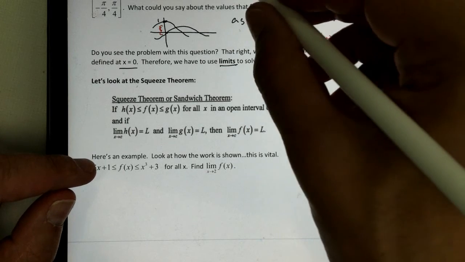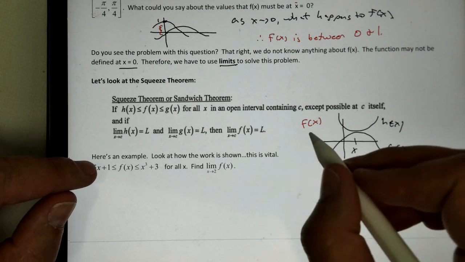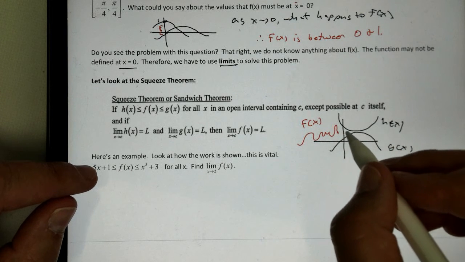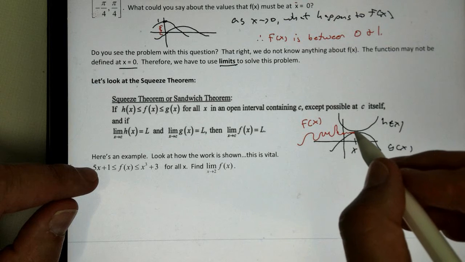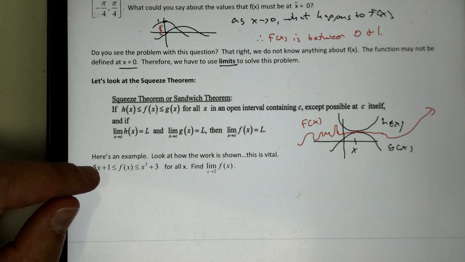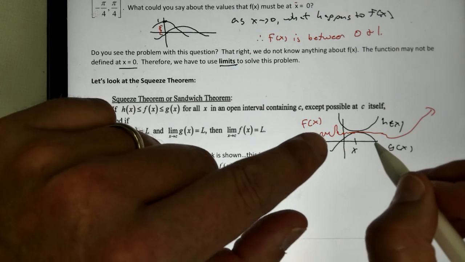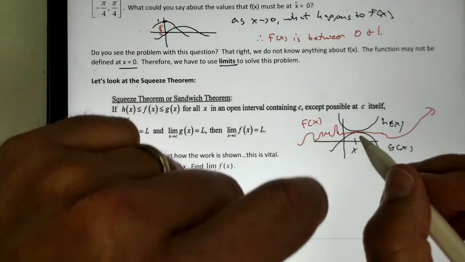And all we know is that f of x has to be between them. So f of x can go kind of crazy. But what happens as it gets closer to where they meet? It's being squeezed into this little point right here. So what happens as f of x approaches x? Well, it's getting squeezed between h of x and g of x.